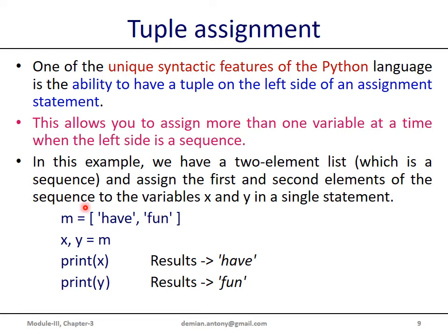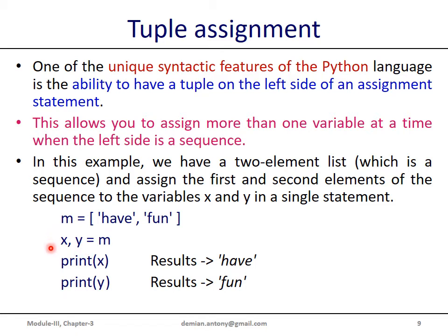Let's take up one example. So we have m, which is a list. We have square brackets, which represent the list. m is a list having two strings. I can assign these individual elements of the list, two elements, to two different variables x and y by just writing the statement x comma y equal to m. x comma y is a tuple of elements where each element is a variable.